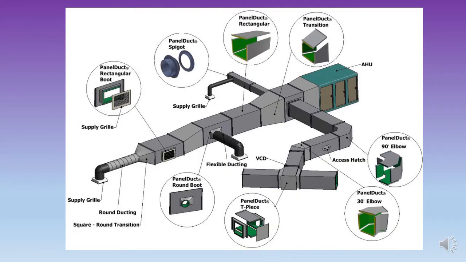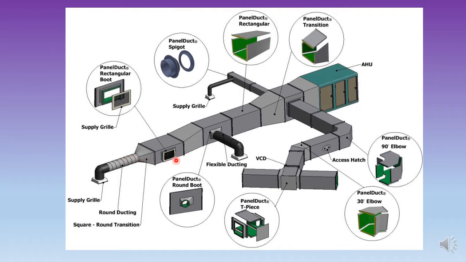Okay, this is the ductwork itself. And as you can see here, there are many parts of ductwork. We have the supply grill, and we have flexible ducting, which is normally used for branches or at the supply end.